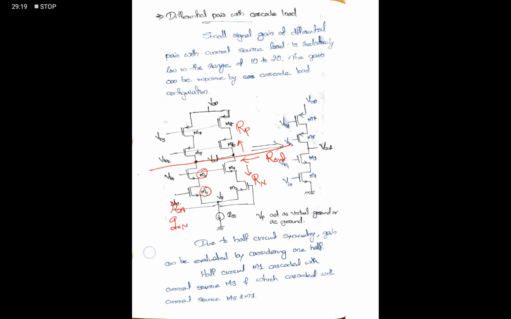Then the resistance will be approximately equal to GMN into R0N, the 1 plus GMN R0N into R0N. When we are looking from this one, this resistance is simply R0N, and that is multiplied with the gain of this MOSFET, plus again R0N, which we can approximate to GMN R0N square.